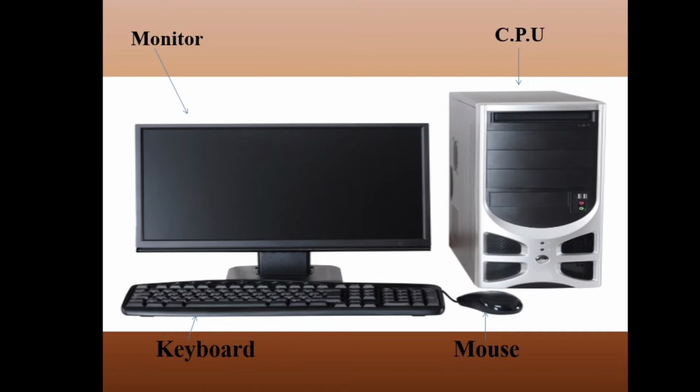CPU is the main brain, we can say, of a computer, because the whole mathematical and logical operations happen in the CPU. And what about the monitor? The monitor shows you output. Whatever you are asking the computer to do, it shows you on the monitor screen. So these four things: monitor, keyboard, CPU and mouse are the main parts of a computer.